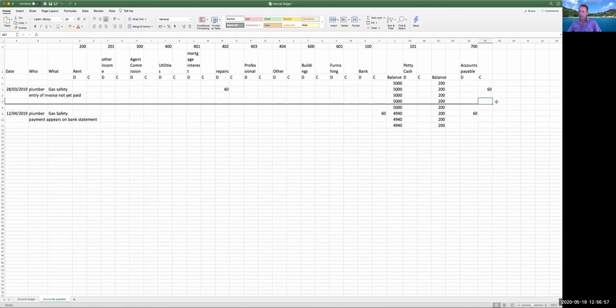Okay. Then, when we come to the end of April, we can see that that £60 has now been paid. It's been reflected in your bank account, and so your accounts payable would be zero if there were no other influences on it during the course of the month.